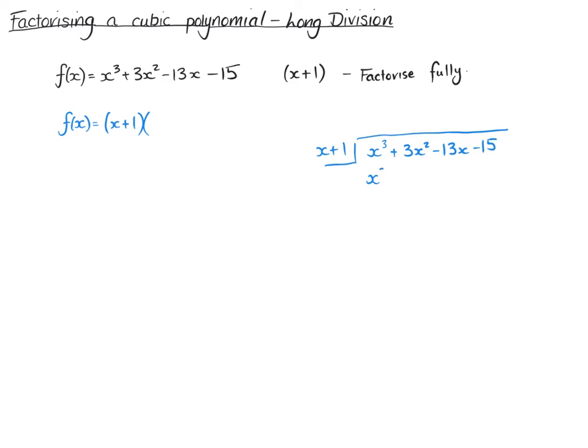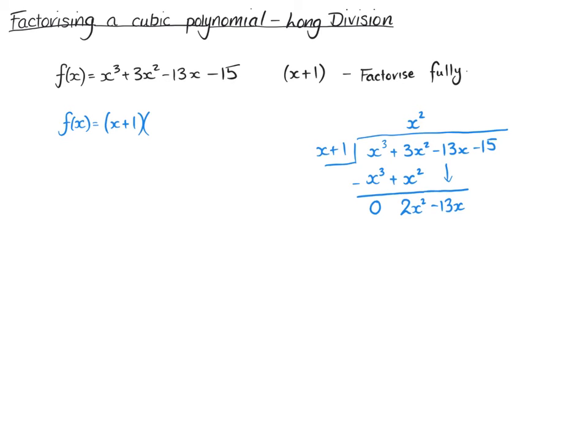So we get x cubed plus x squared, because I've multiplied by x squared. So up there is what you've multiplied by. We find our remainder. x cubed minus x cubed is 0, and 3x squared minus x squared is 2x squared. Okay, so bring this down, we get minus 13x.